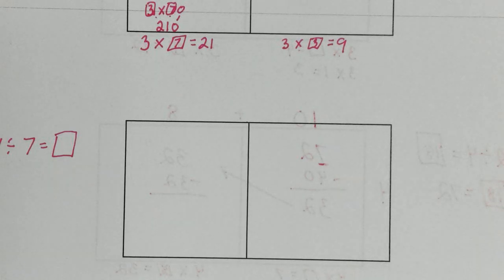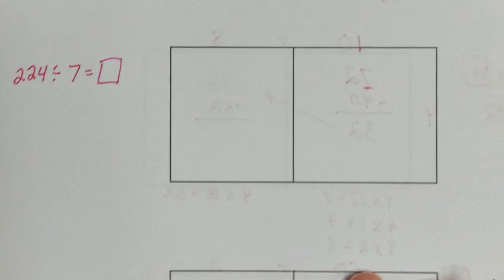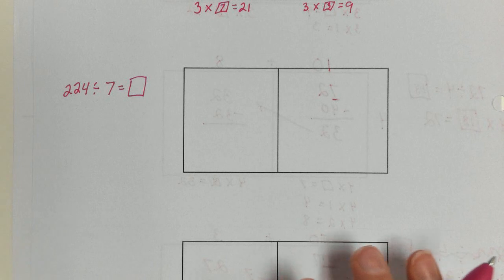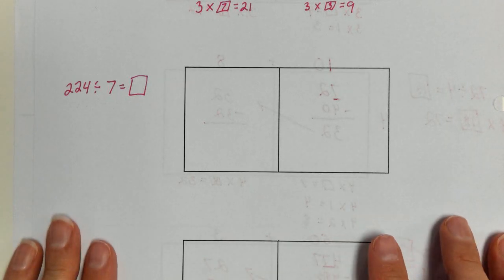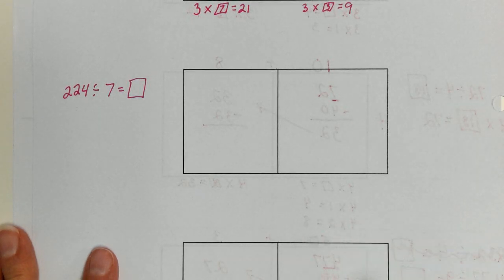All right. So let's look at 224 divided by 7. Right? Remember, I want to look at this as building a multiplication problem. So, Jaslyn, what is the multiplication problem that I'm going to build?